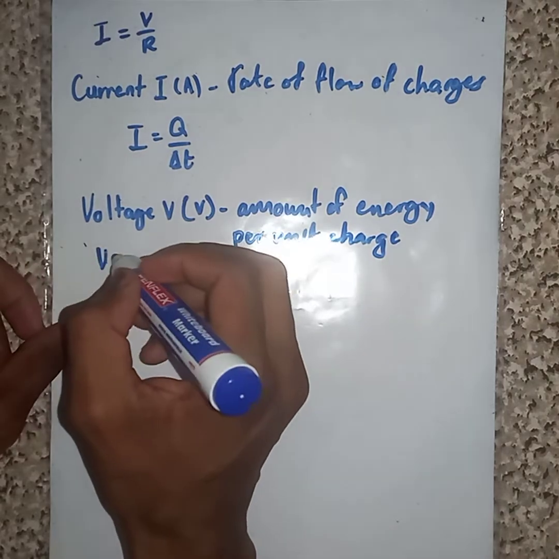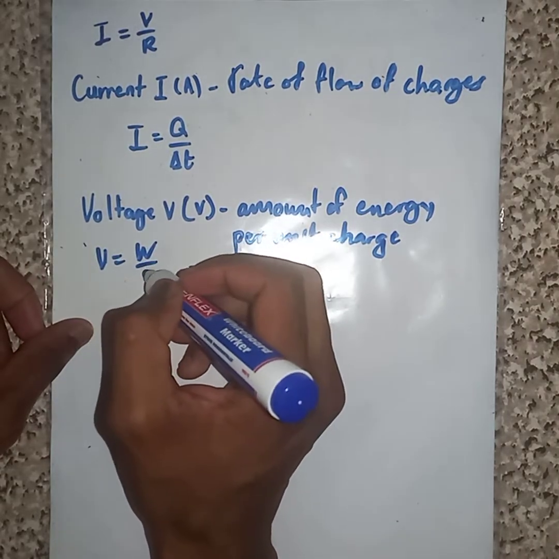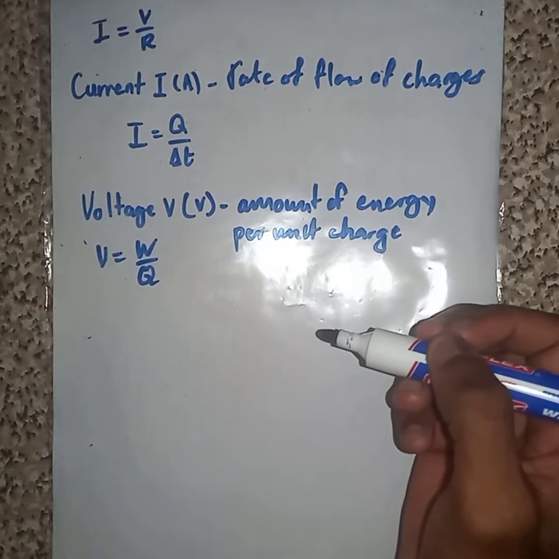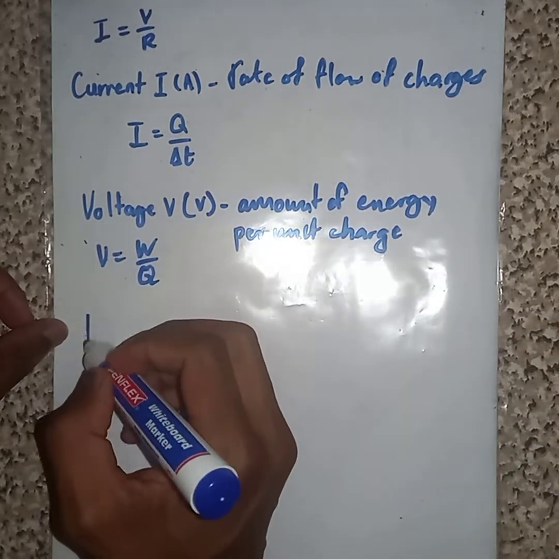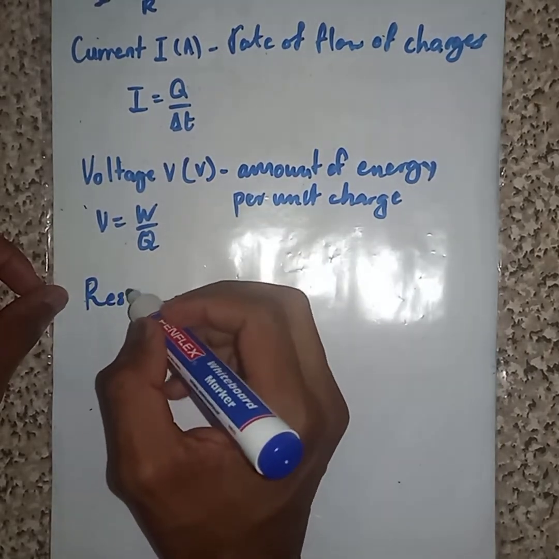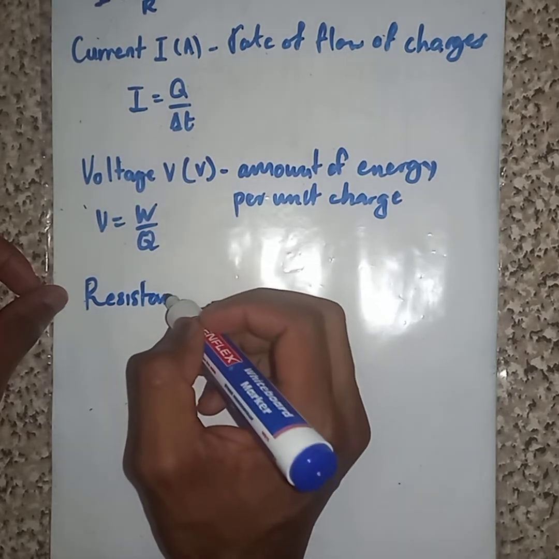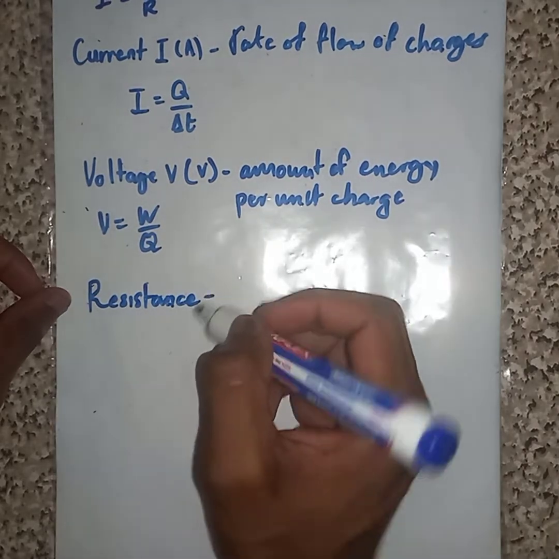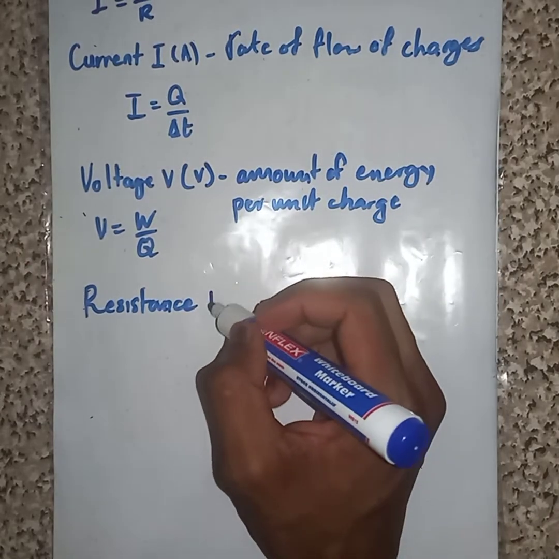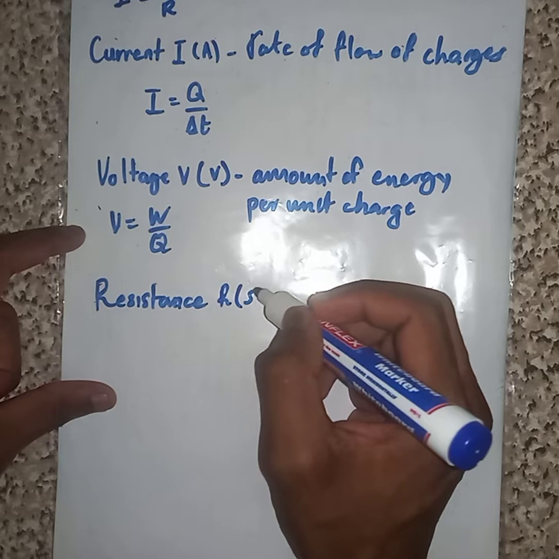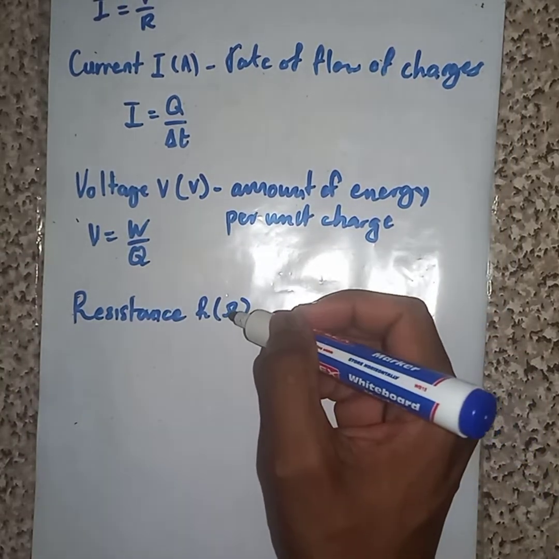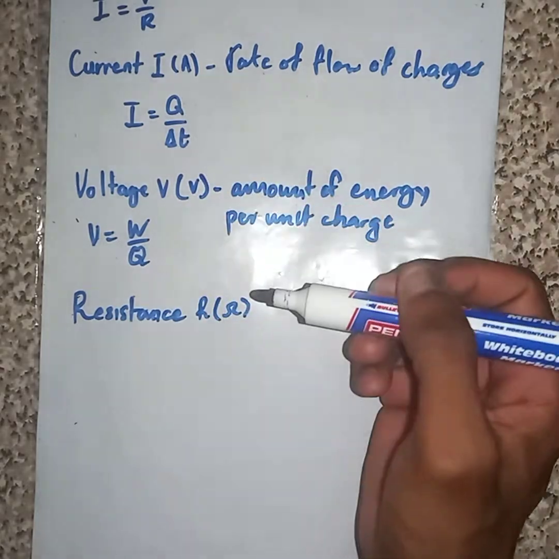It's like this: V equals work, amount of energy, per unit charge. Then lastly, we have the resistance. Its symbol is R. It's measured in ohm.